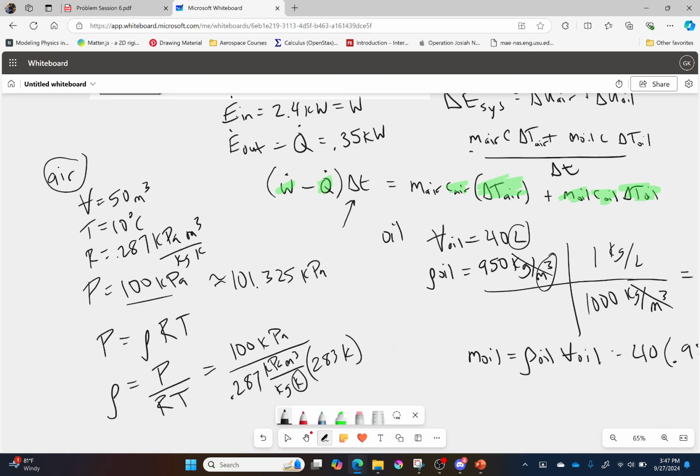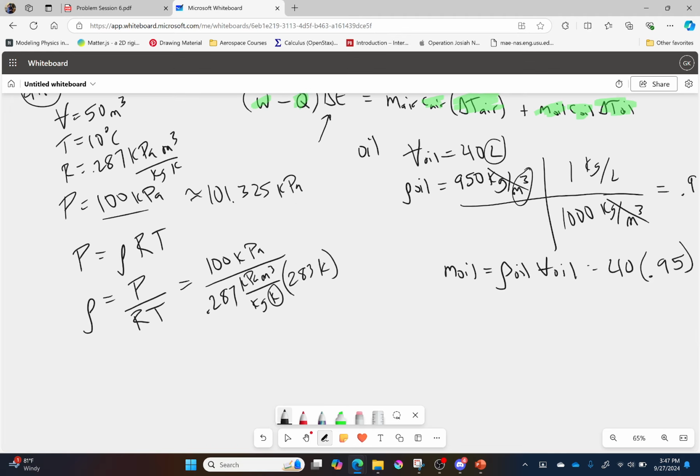Now if I plug this in, what do I get? I get 1.231 kilograms per meter cubed. Oh, that's not volume, that's the density. Okay, and then from that, I can calculate the mass of the air.